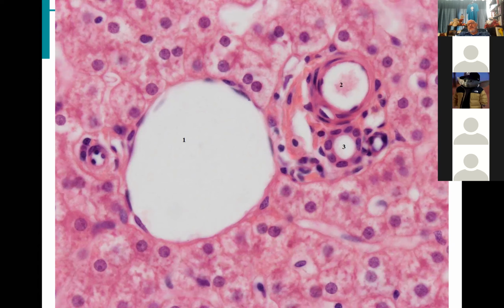Great question. Yes, I guess, well, no, it wouldn't be a venule so much. If you really wanted to be technical, I would say a branch of the hepatic portal vein. Technically, I think it would be a hepatic arteriole, but you could just say a branch of the hepatic artery and then the bile duct. So I think that would be sufficient.